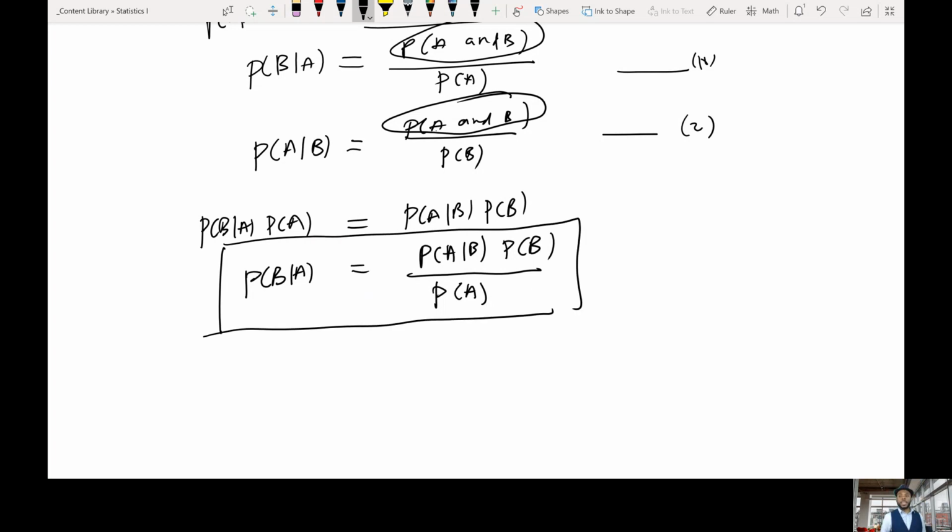And the probability of A is known as the total probability. And we can look at this through some examples.